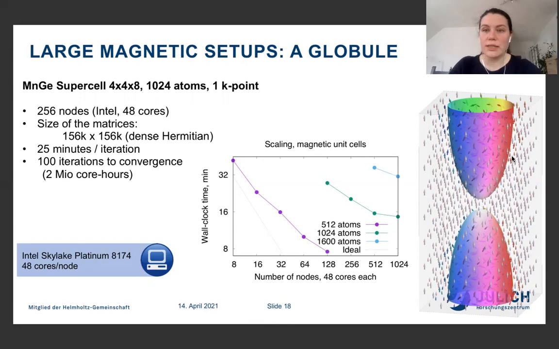To converge such a system, remember it's magnetic, so the matrix is 2 times larger. You will need 2 million core hours on a machine called SuperMUC-NG in Munich.